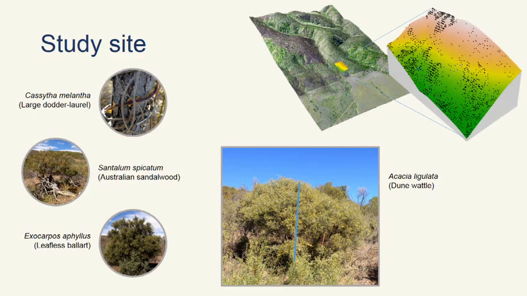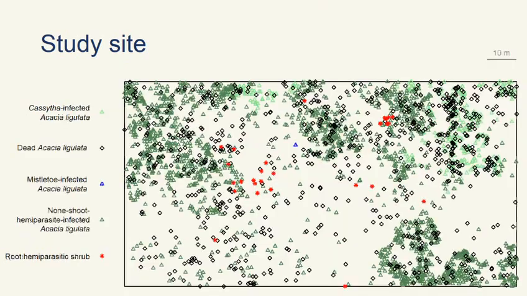And this is a photo of an illustration of my field site, and the points within the field site are the dune wattles. And in addition to the locations, I also measured the height and the stem circumference, and I estimated the canopy volume of all the dune wattles within the site. And this is a figure of all the trees recorded.